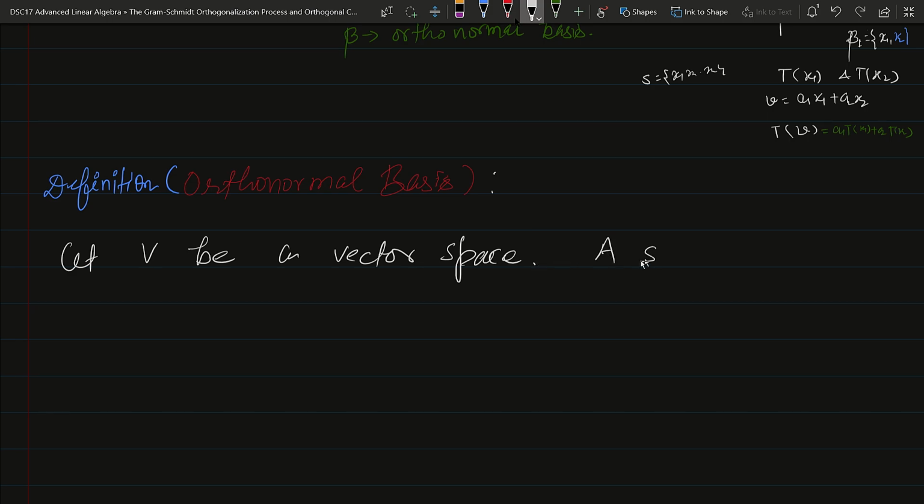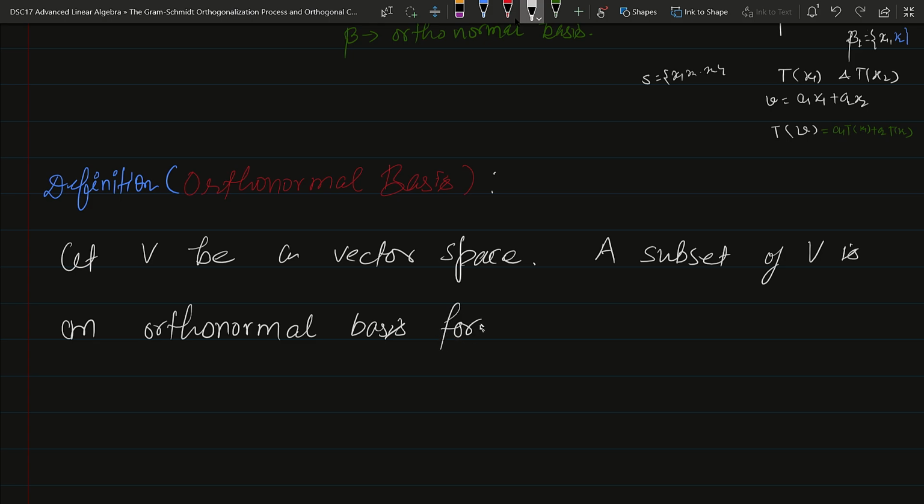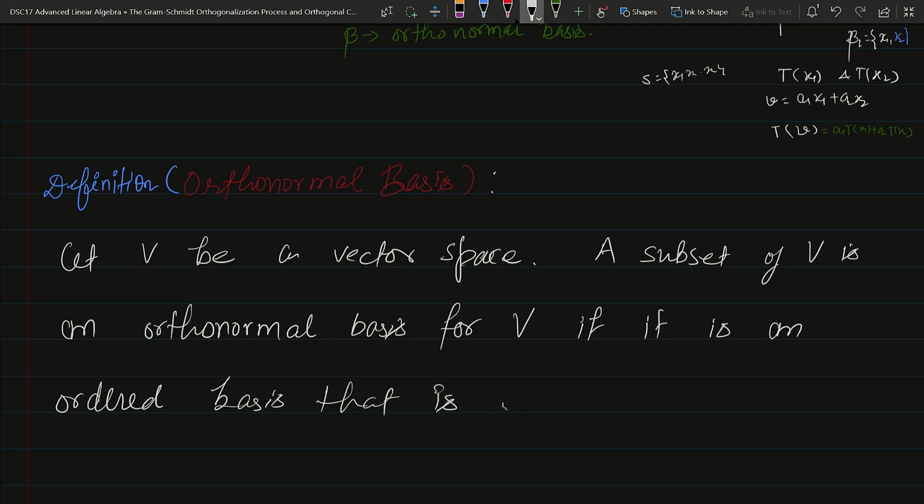A subset of V is an orthonormal basis for V if it is an ordered basis that is orthonormal as well, okay.